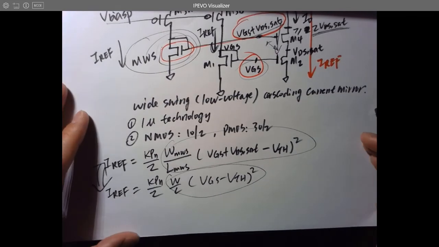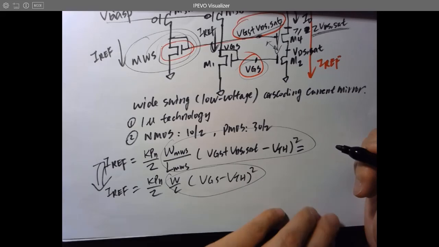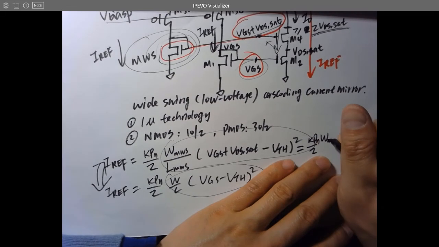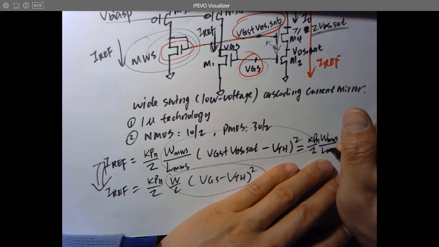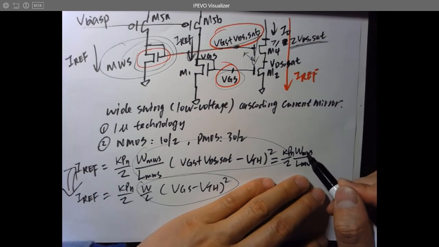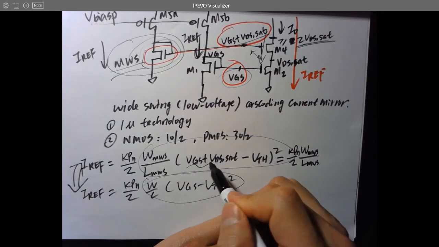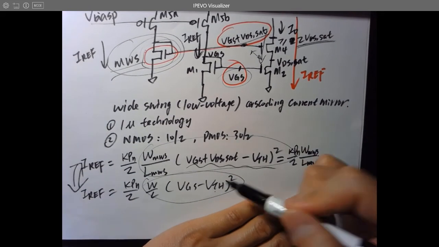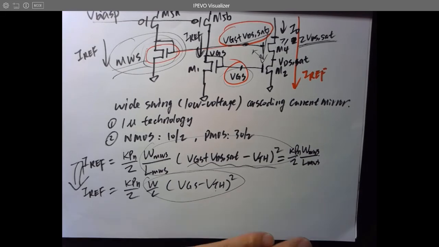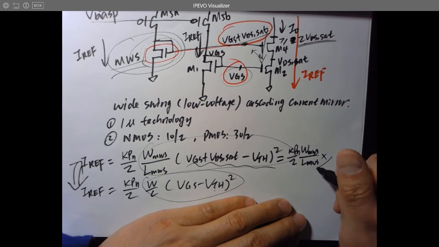And what is that? Since we know that this equals KPN over 2, WMWS over LMWS. What is this? This is MOSFET wide swing, right? This is the transistor. And this part, what is this part compared to here? So it is times what?